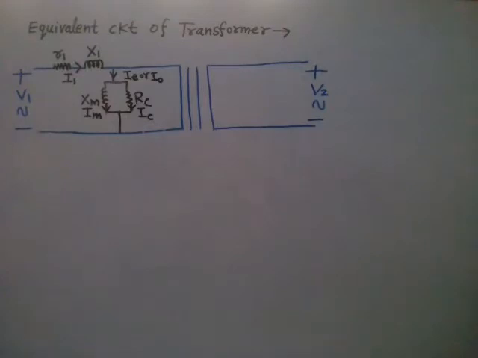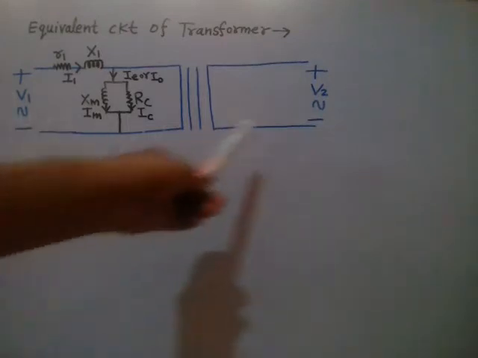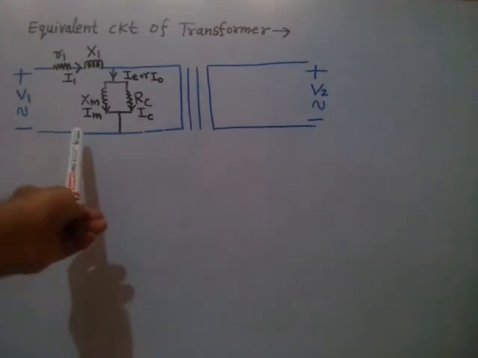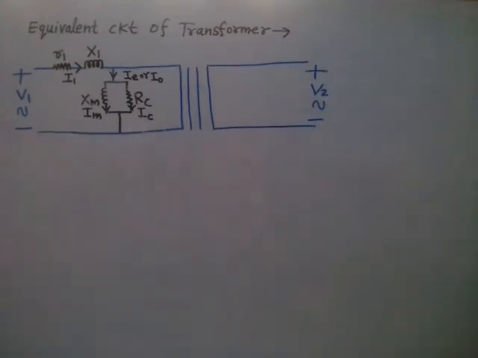So you know all these are AC values. This voltage, V1, is AC voltage, V2 is AC voltage, IM is AC current, IC is AC current. So transformer means AC, we deal with AC. So no job of DC here, absolutely not. I told you the reason.